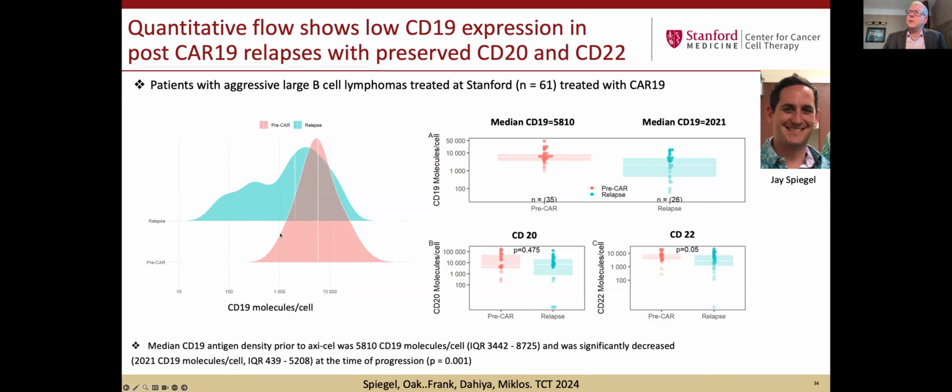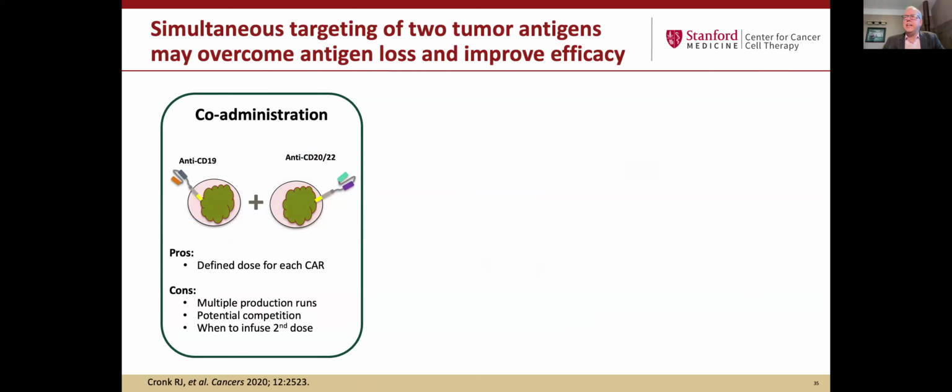And then afterwards there is a big shoulder over here of CD19 negative, and that occurs in patients who have progression of their cancer. So the loss of CD19, or the current strategy of targeting only one tumor antigen, seems to be a common reason that patients have treatment failure.